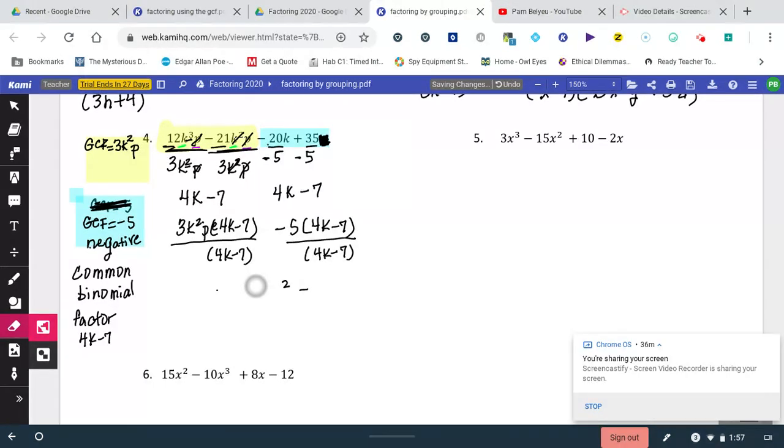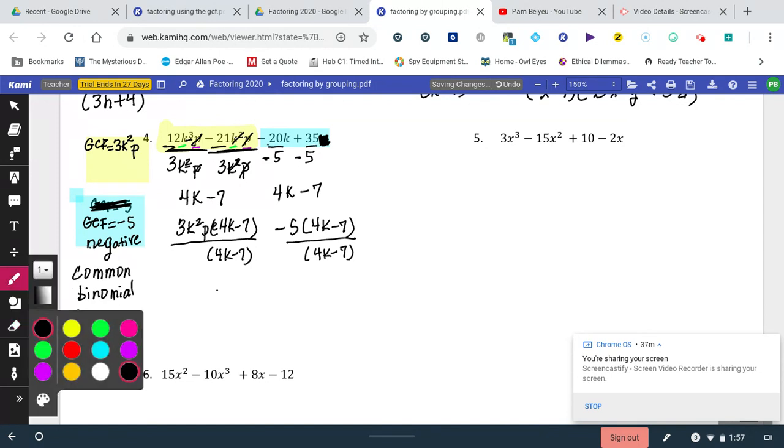Okay, erase, please. All right, these will cancel. These will cancel. Those will cancel. So I'm left with 3k squared p minus 5, and this is your remainder.